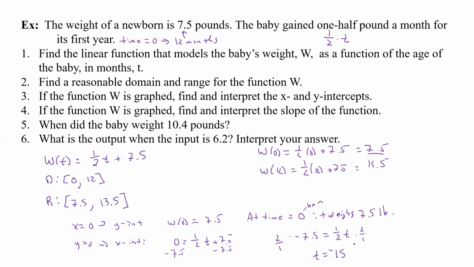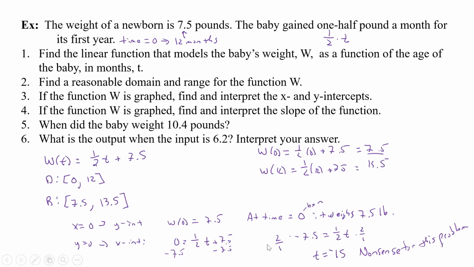Well, what does that mean? At negative 15 months, because t again is time, it's going to weigh 0. Well, that doesn't make sense. So this is nonsense for this problem, because we can't have negative 15 months on a baby. You know, that only takes 9 months to start with anyway. So it doesn't make any sense.